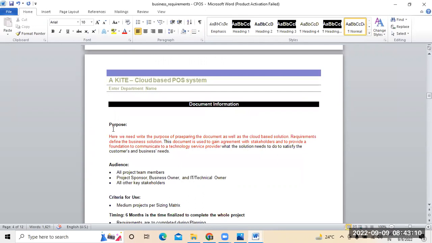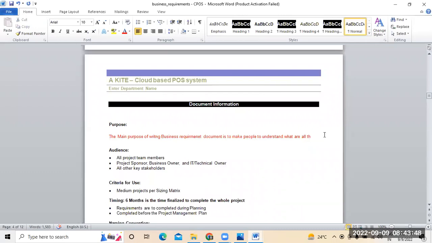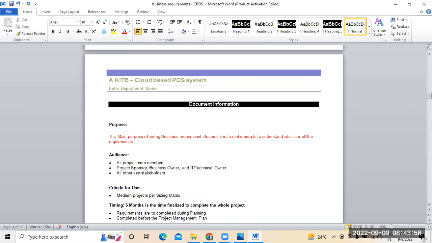Now here you need to write down the purpose of the document. The main purpose of writing the business requirements document is to make people understand what requirements are included in developing a cloud-based point of sale system.